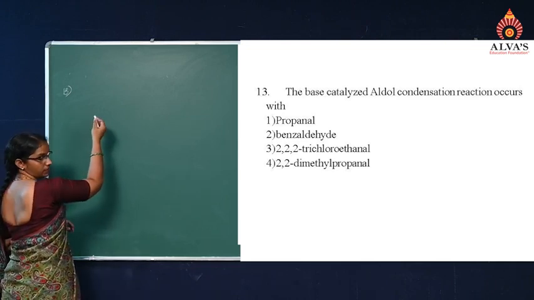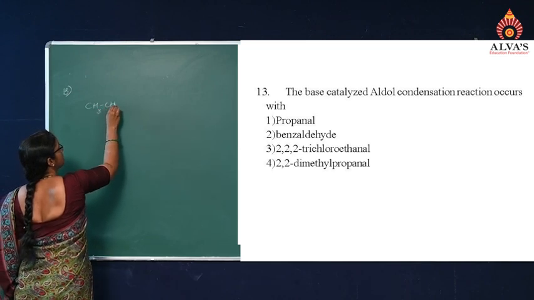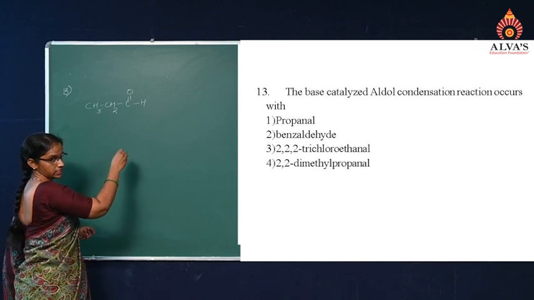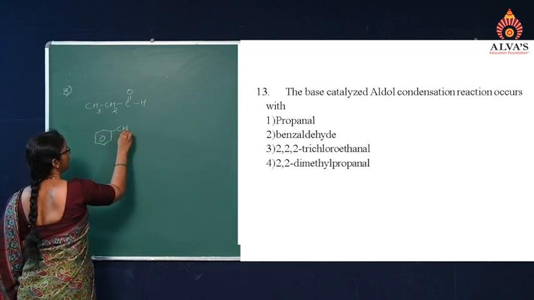In the given options, the compound which has alpha hydrogen will be the answer. So, for that we write down the structures. First one is propanal, CH3CH2CHO. Second one is benzaldehyde, a benzene ring with the CHO.